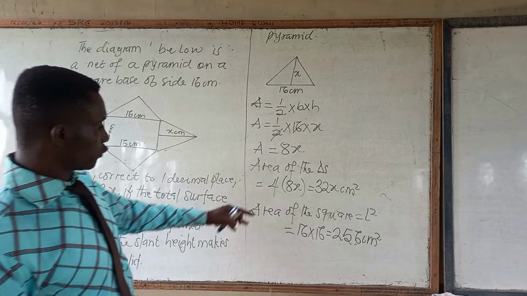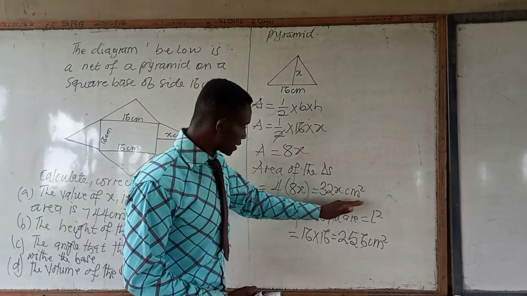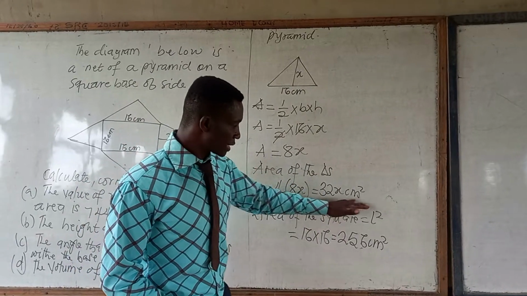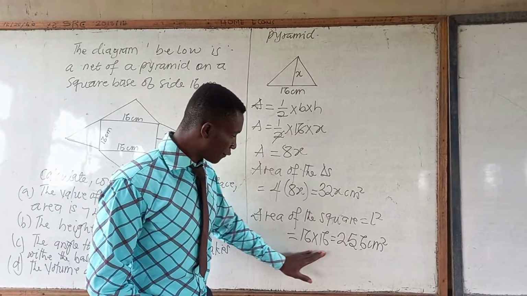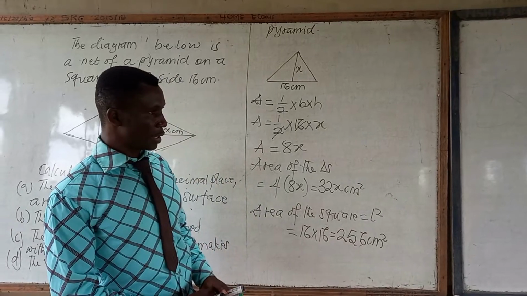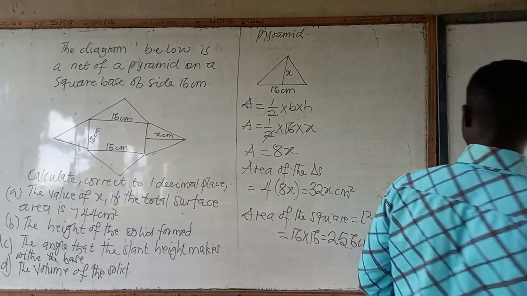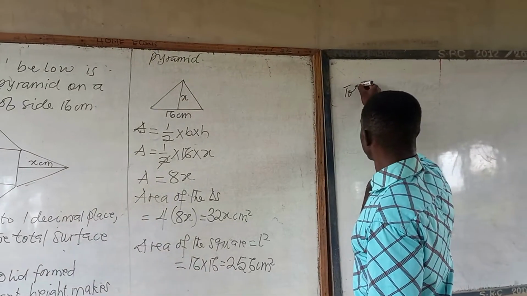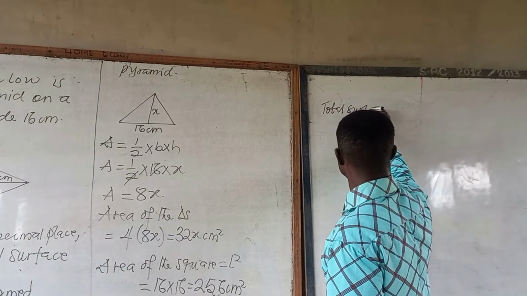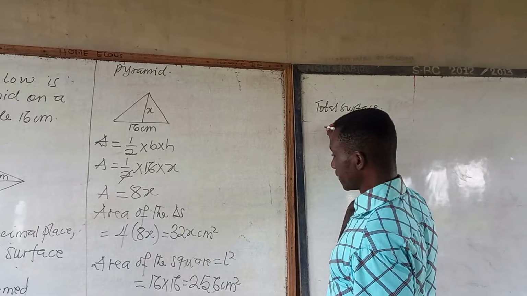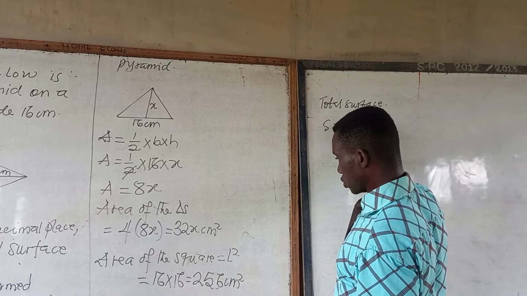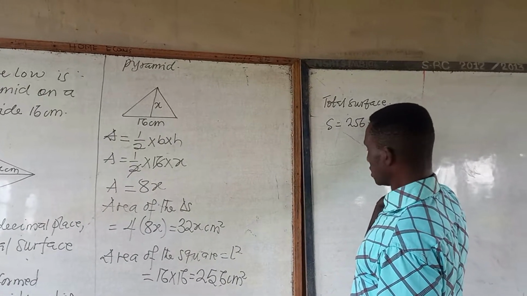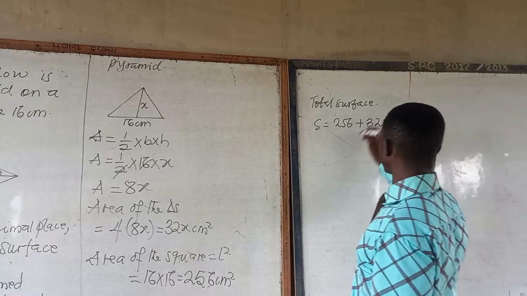Now, what do we have to do? We have the area of the 4 triangles, which is 32x centimeters squared, and the area of the square itself, 256 centimeters squared. The total surface area should be the sum of these areas. So S is equal to 256 plus 32x.